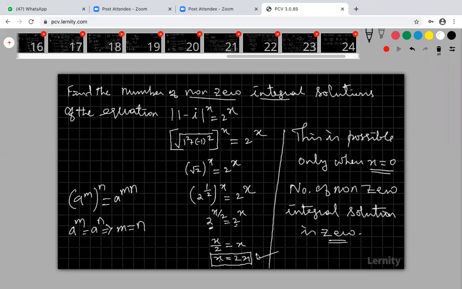Now we are getting the relation x is equal to 2x, satisfied only by x is equal to 0. For other values it is not true. So 0 equal to 0 will be the final answer.